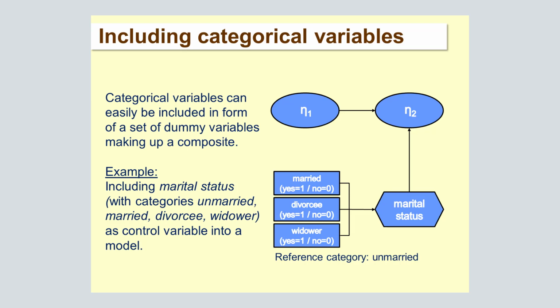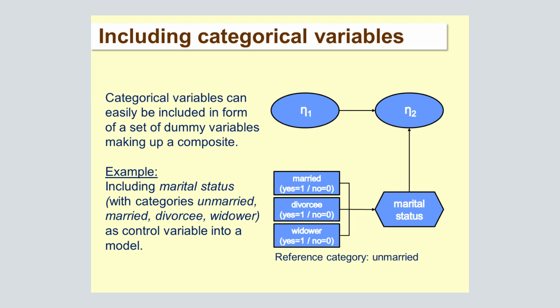Concretely, you should transform your categorical variable into one dummy variable less than you have categories. In this example, we have a categorical variable marital status with 4 categories: unmarried, married, divorcee, and widower.